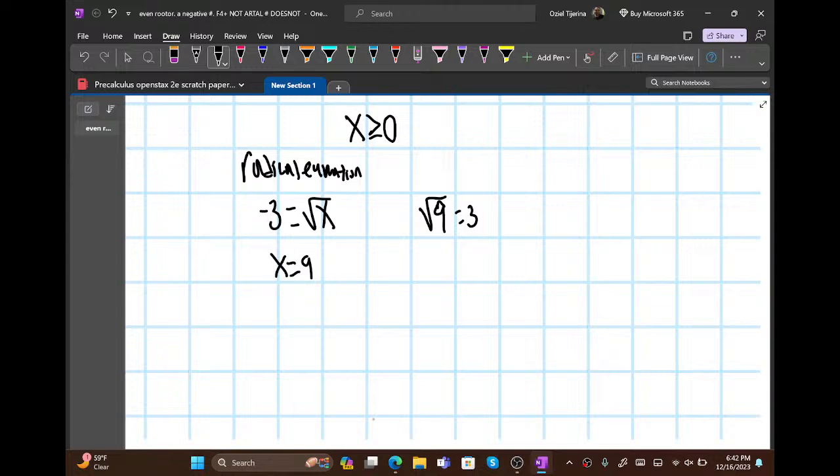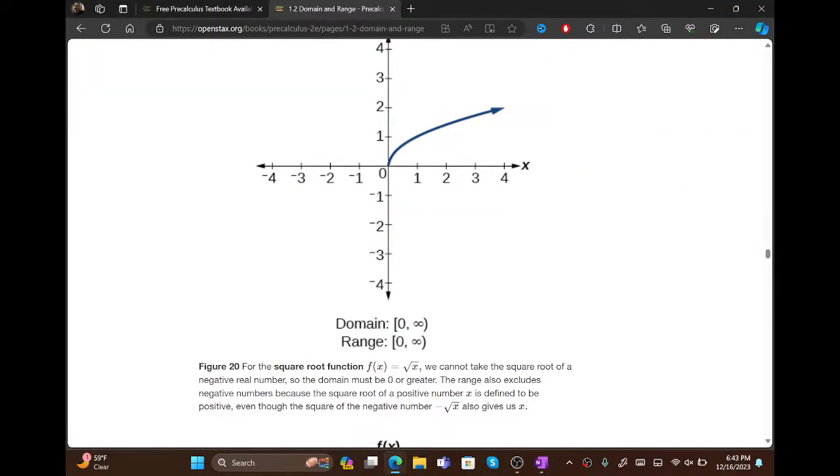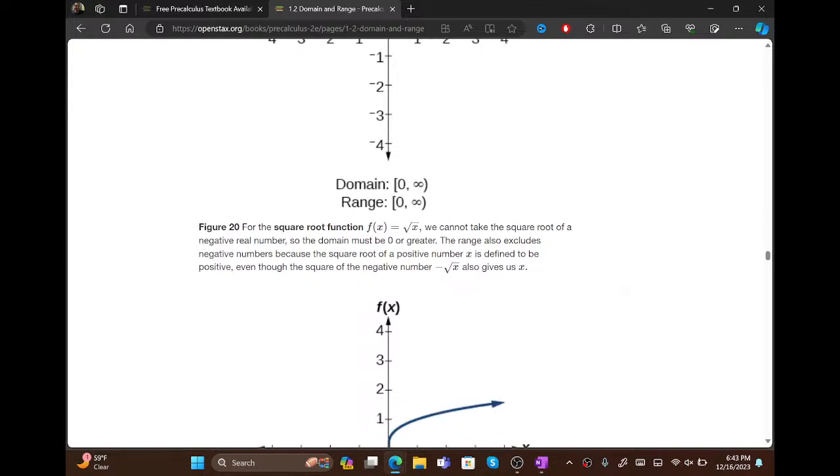In this case, this would not have an answer, at least I don't think it would, because if you were to graph it, it wouldn't really have a real answer. At -3, if you look right here, it is not defined, so we can't solve that for x.